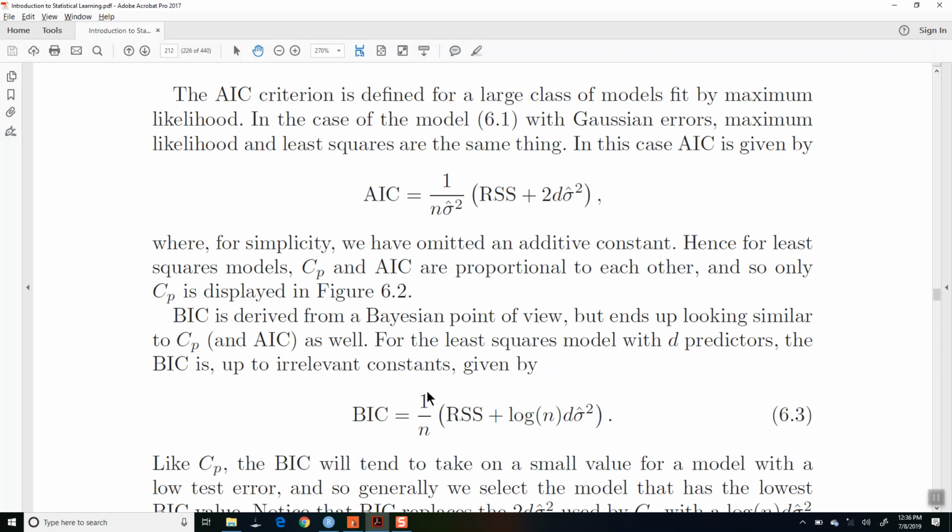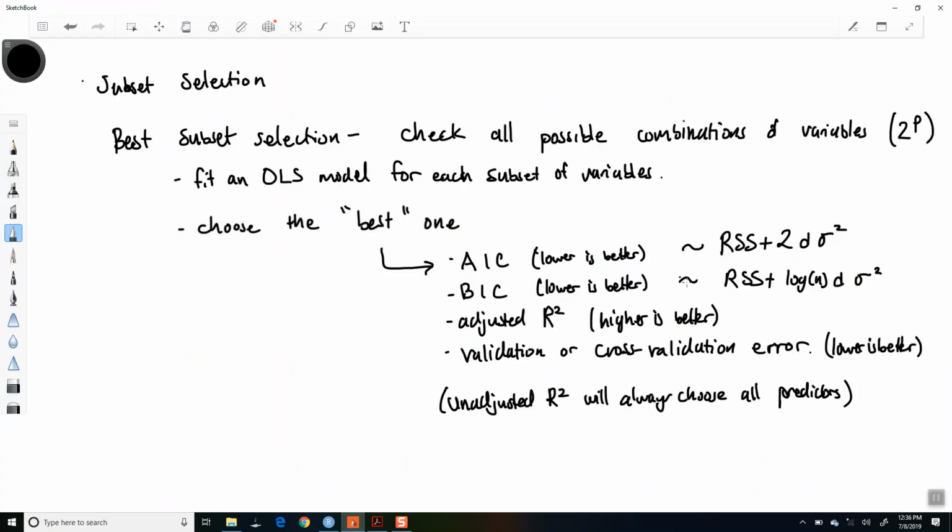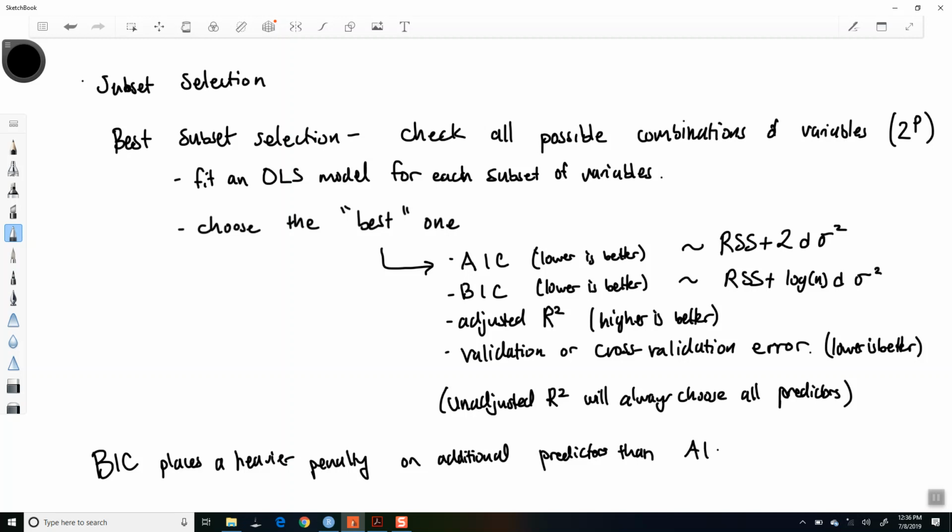And then there's just some proportionality thing, something proportional to it. And basically, BIC places a heavier penalty on additional predictors than AIC. So it will favor models with fewer predictors.